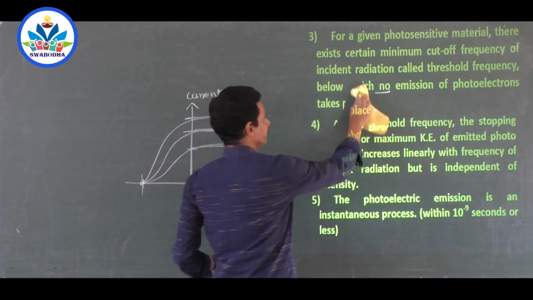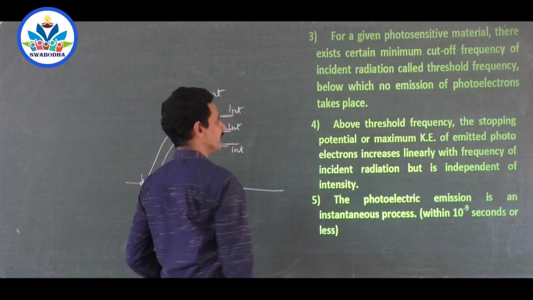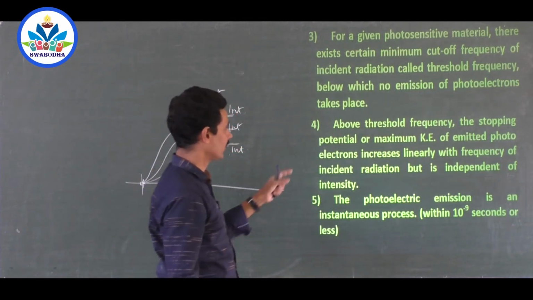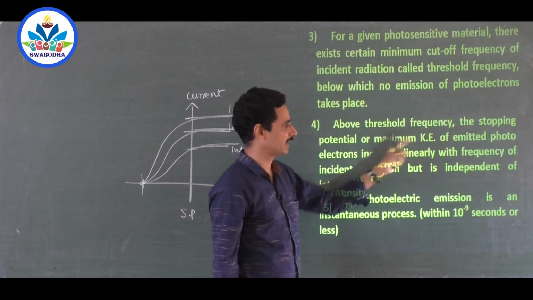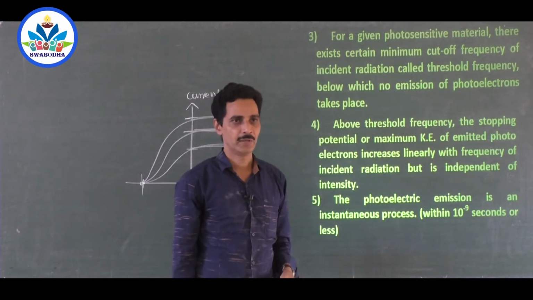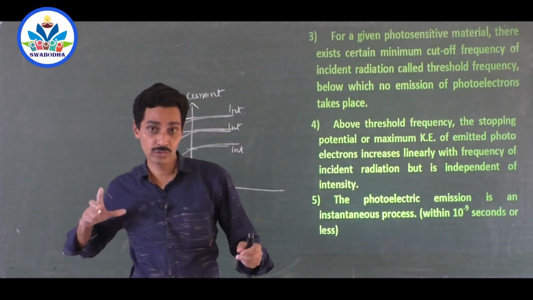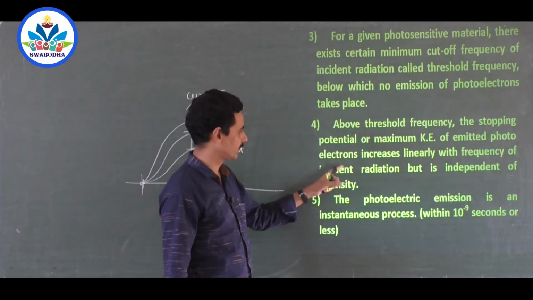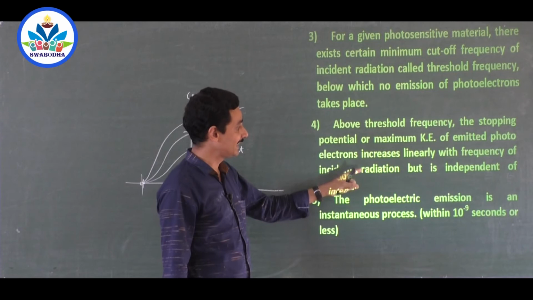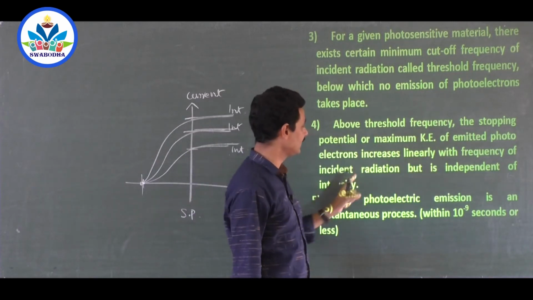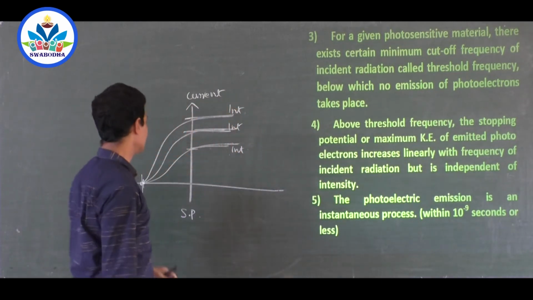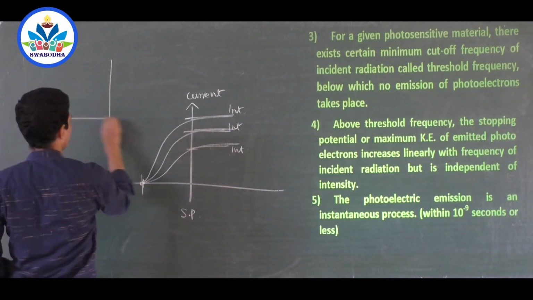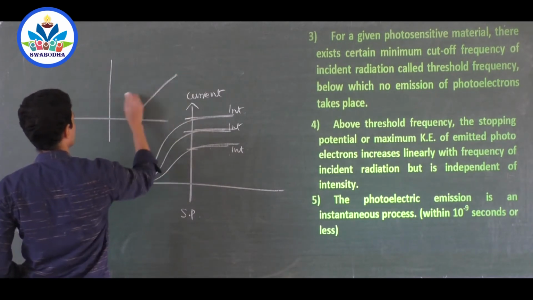That is simple. Fourth one, above threshold frequency, stopping potential or maximum kinetic energy of emitted photoelectrons, because the more the kinetic energy, the more stopping potential you need, increases linearly with the frequency of incident radiation. As the frequency is more and more, kinetic energy of electrons is more and more, right?